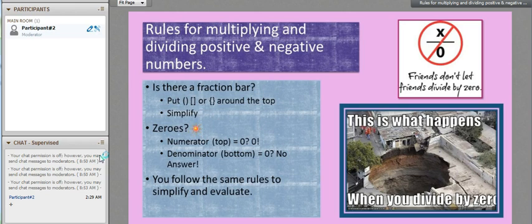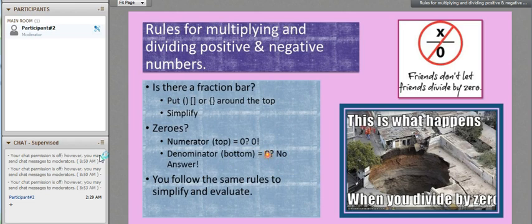And also, remember how if you multiply something by 0, it's 0. If you simplify the numerator, the top of the fraction, and you get to 0, your answer is going to be 0. Easy. And of course, if you simplify and the denominator is equal to 0, there's no answer.